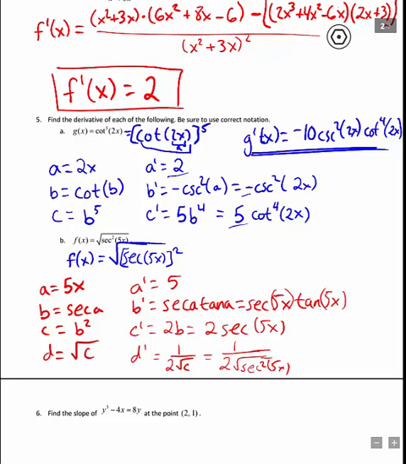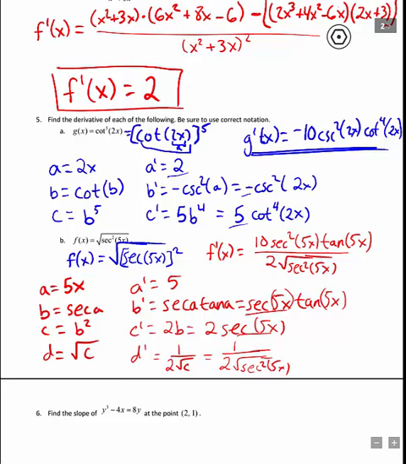Okay, now we multiply these all together, and so we'll get f prime of x equals 5 times 2 is 10, and then we have 2 secant, so we'll get secant squared of 5x tangent of 5x, all divided by 2 radical secant squared of 5x.